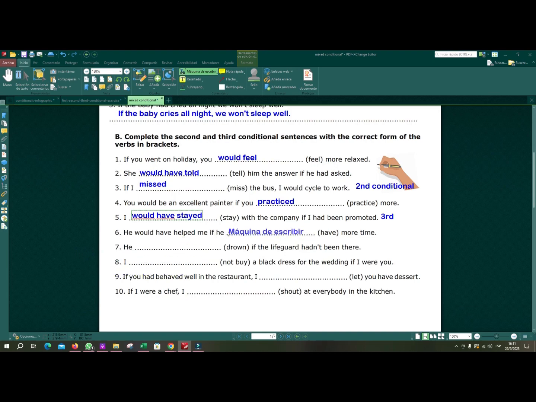So let's continue. Number 6, Mr. Rohmin. He will have helped me if he more time. So I guess that is third conditional also. So which could be the correct answer there?